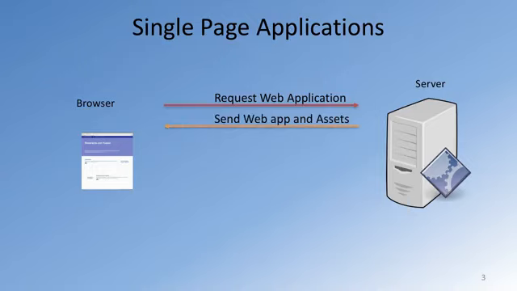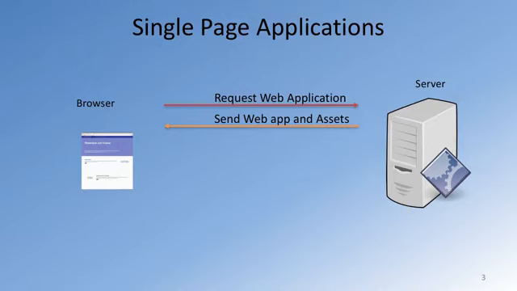Now, how these assets are packaged depends upon how you design your web application and also what framework you use to design your web application. But nevertheless, you have one single large download at the start of your web application.